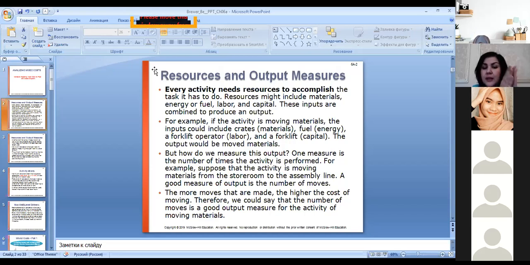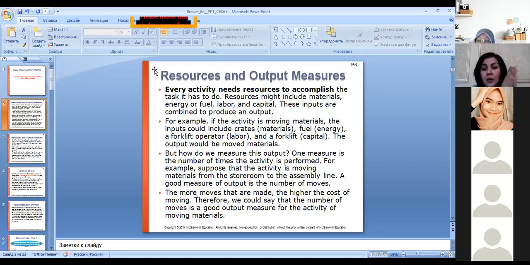So as we said, activity, do you remember activity drivers? The activity of moving materials also incurs cost, because we need some workers who will be moving these materials from the storeroom to the factory assembly line.